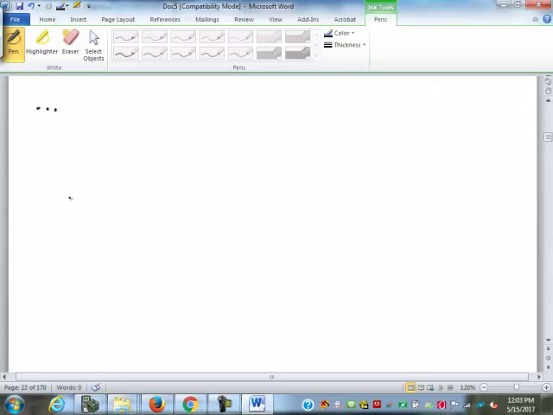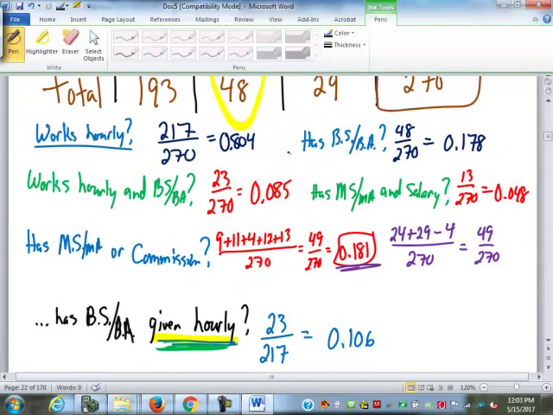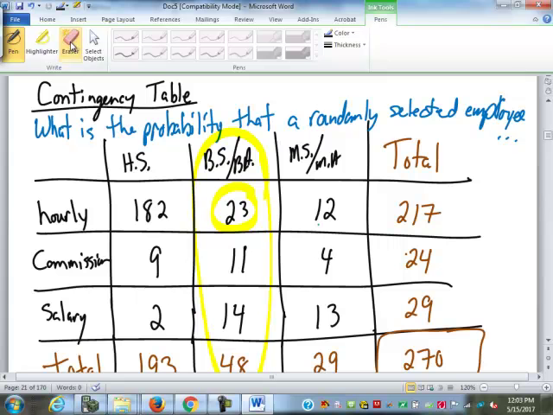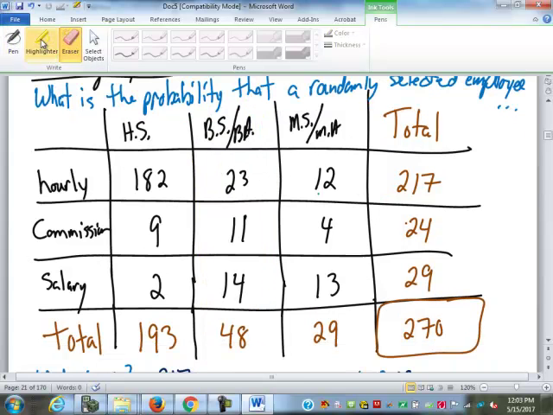So again, what's the probability a randomly selected employee has a master's degree given they work on commission? So we'll go up here. Now, is our population limited to master's degrees, or is it limited to commissions?